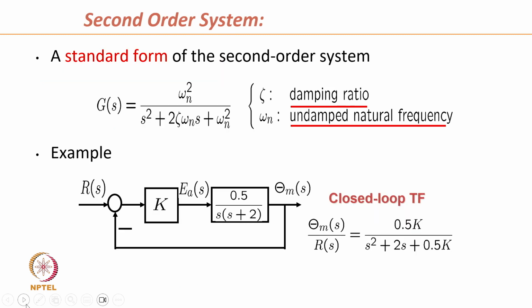And the standard form of this second order system, when we apply the Laplace transform, is this equation, which is a very general equation: G(s) equals omega n square divided by s square plus 2 zeta omega n s plus omega n square, where zeta is the damping ratio and omega n is the undamped natural frequency of the system.